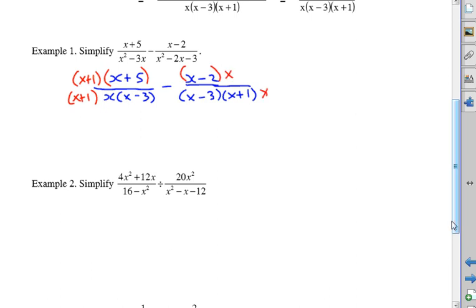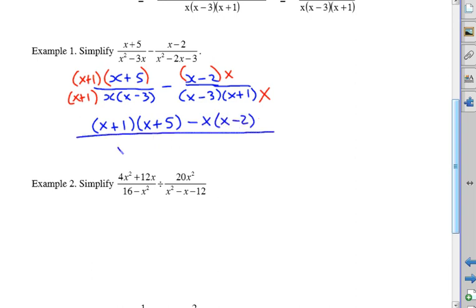When you were writing this out, did you normally go straight to writing it all over one denominator, like this? All over x times x plus 1 times x minus 3. These are always so much writing.